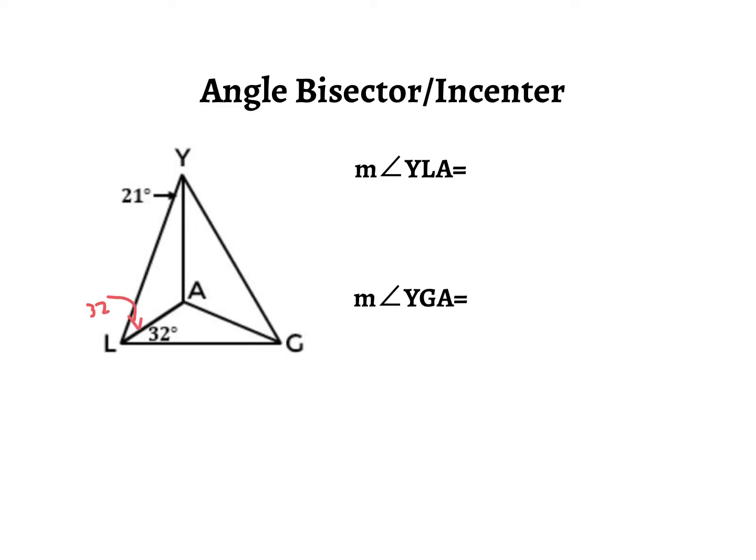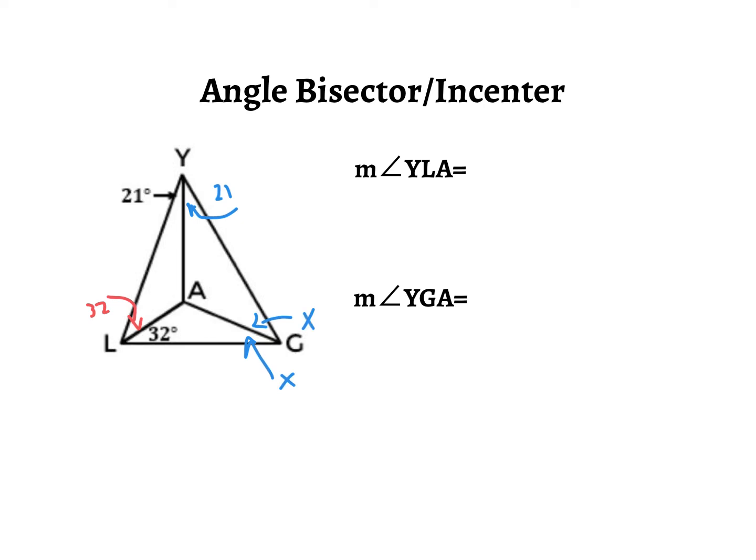That angle is 32 degrees. If this angle up here is 21, it means that this angle is also 21. And then over here, this should be equal to this. So this value that we have missing should be equal as well.